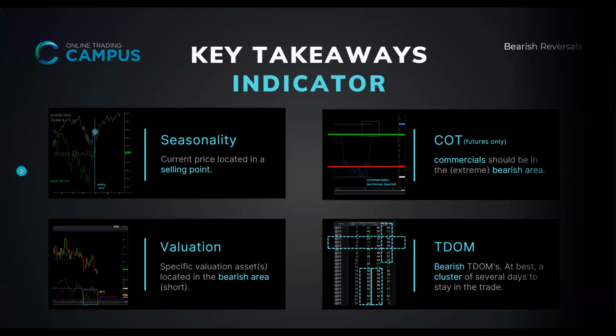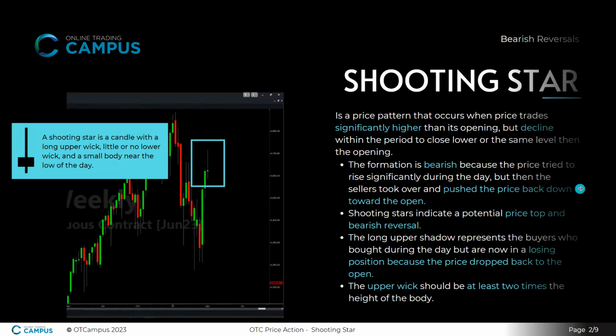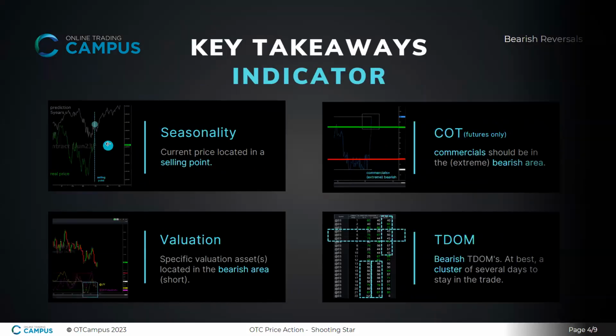We created this shooting star in the S&P 500, but seasonality is okay, valuation not, COT not, and the trading days also a few days later. That's trading, guys. Welcome to the trading world. But here, guys, remember this one, that's what the best of the best looks like.